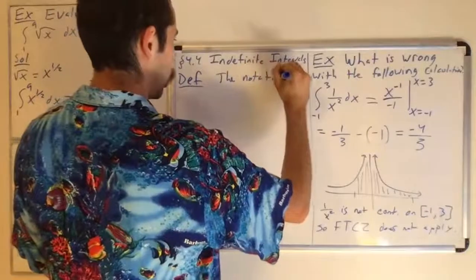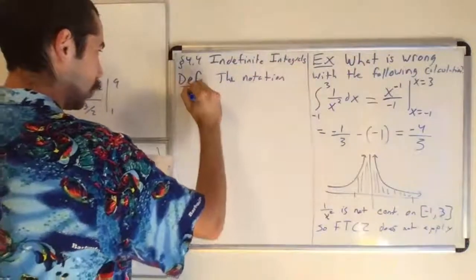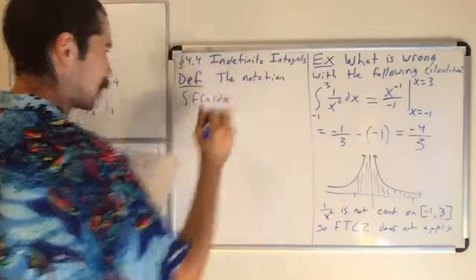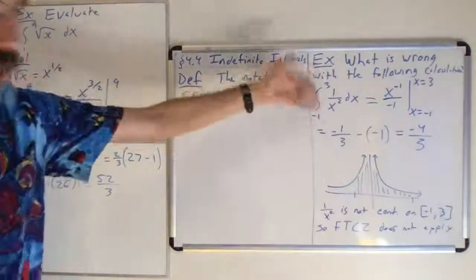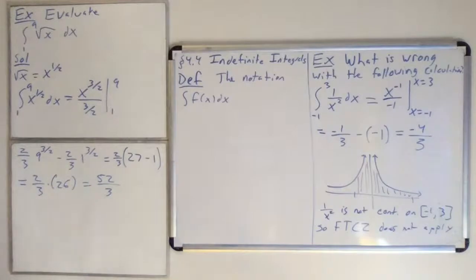So the notation, the integral of f of x dx. Notice here there's no bounds. When we have bounds, it's just some number that represents the area under the curve.